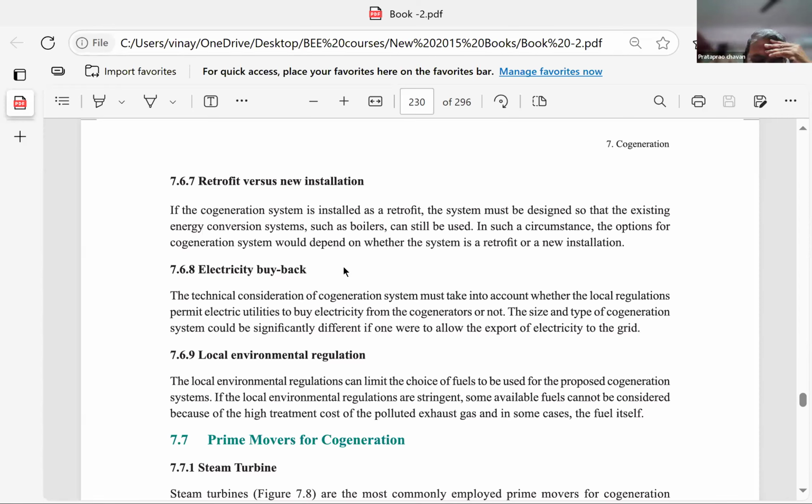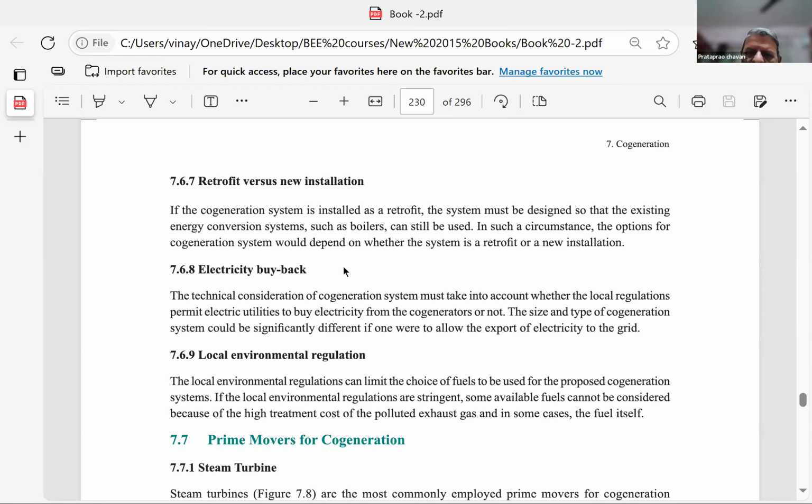That kind of thing. Electricity buyback: the technical consideration of a cogeneration system must take into account whether the local regulations permit electricity release to buy electricity consumers or not. Now, of course, we are in an era when even your solar panel on the top of your house roof is being bought by the grid. Grid says, okay, you generate extra and give it to us. You will have credit with us.